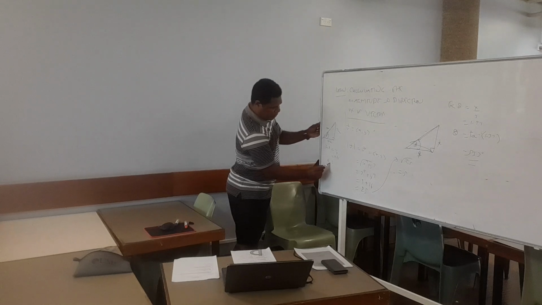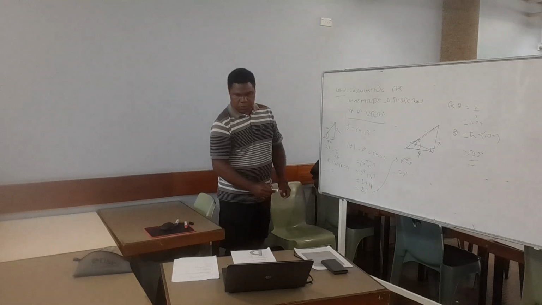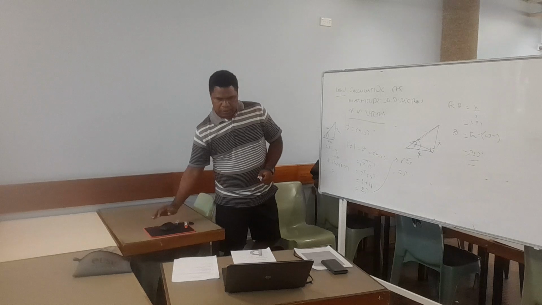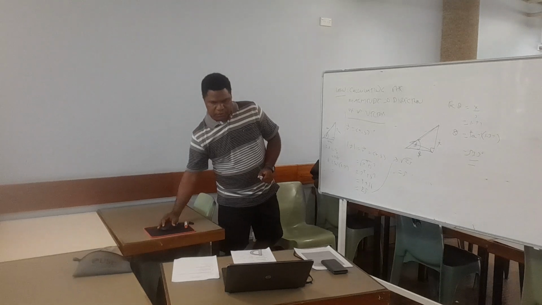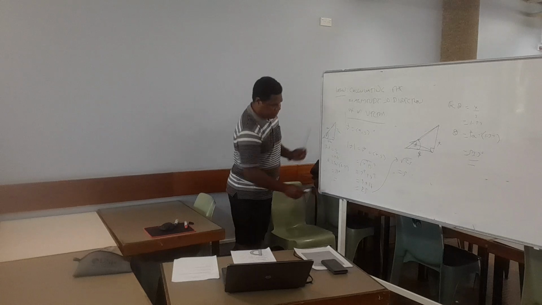Use your calculators, 0.75 should correspond to an angle of around 37 degrees.